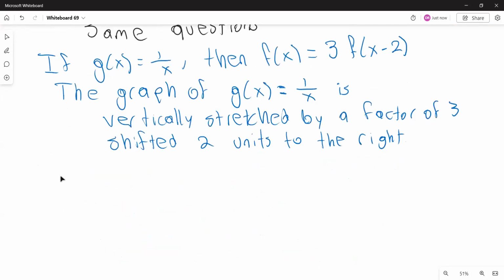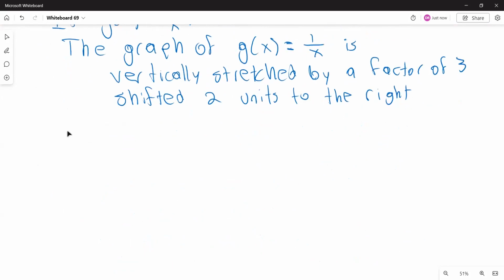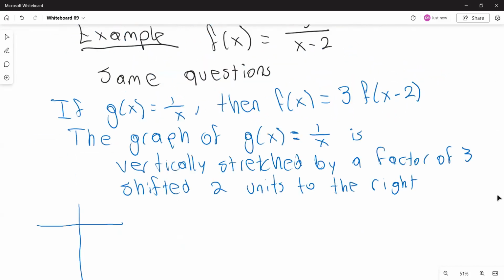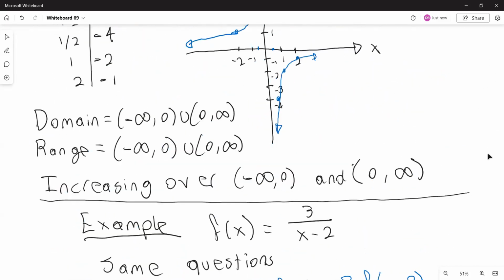So let's see. Our x values were initially 1/2, 1, and 2, and -1/2, -1, and -2. But the graph has been shifted to the right, so what I'm doing is adding 2 to every x value in the other table.